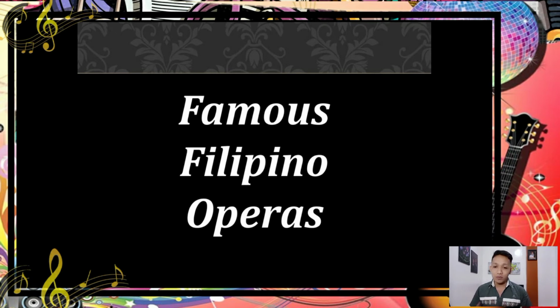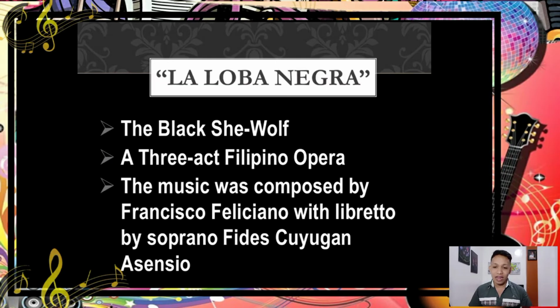The first one is La Loba Negra, which in English is translated as The Black She-Wolf, a 3-act Filipino opera. The music was composed by Francisco Feliciano with libretto by soprano Fides Cuyugan Asensio.